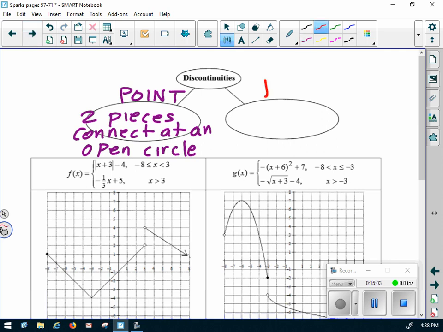And you have a jump discontinuity. And that happens when the two pieces don't connect at all. If I could spell, that would help, wouldn't it?